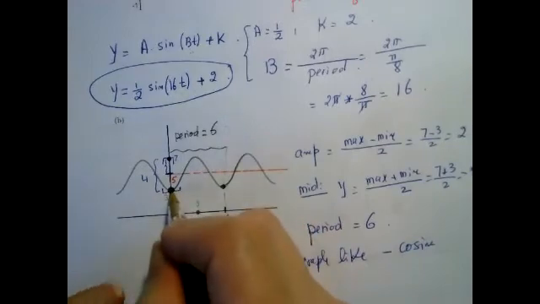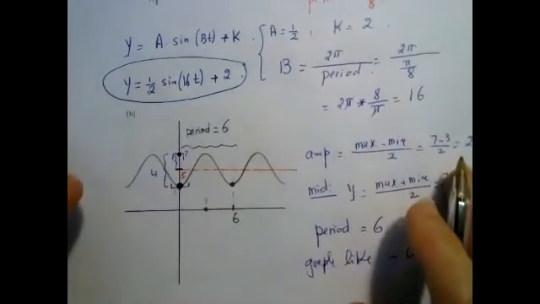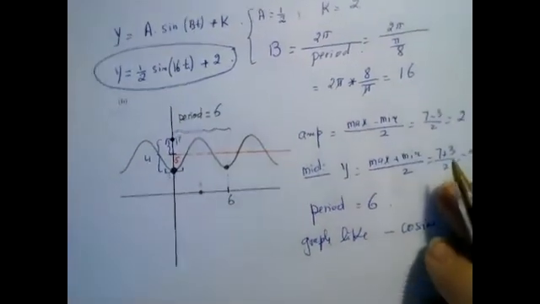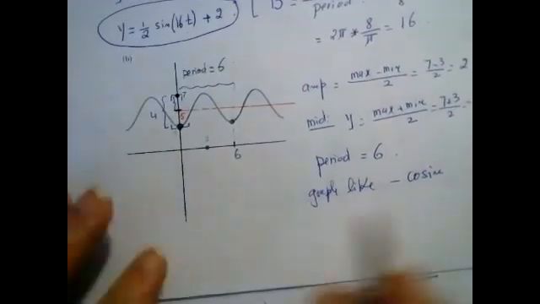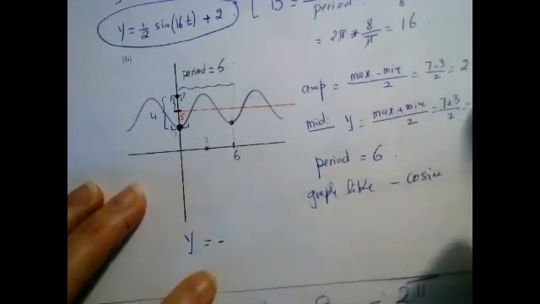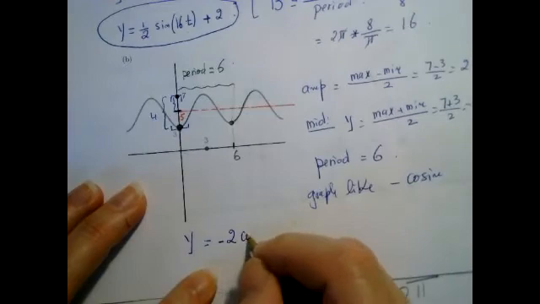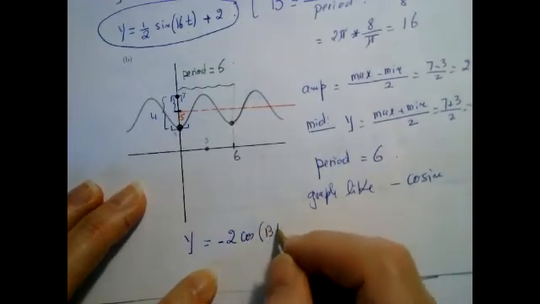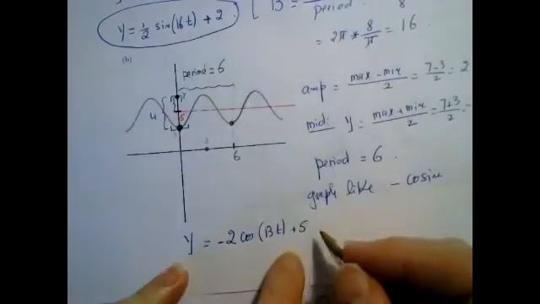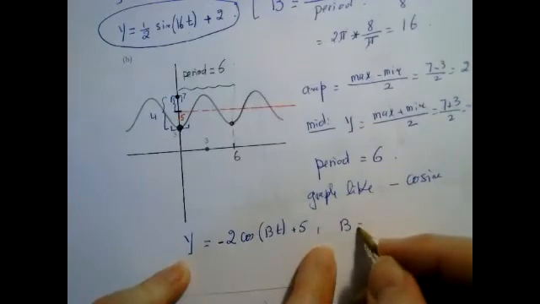Because we're not starting at the midline, so it's not a sine. We're starting at the minimum here, so it's going to be minus cosine. And now let us pull the whole picture together. So the graph is going to be equal to minus the amplitude, which is 2, cosine bt, and then there is a shift of 5 because we're shifting upward, not shifting down. And now the b. Again, the b is not the 6.